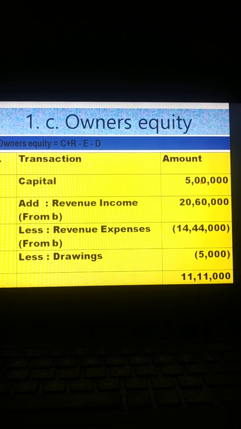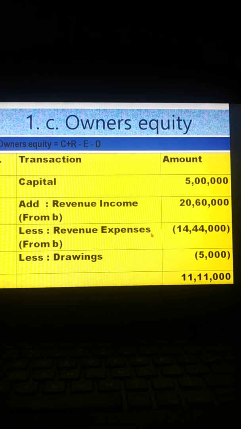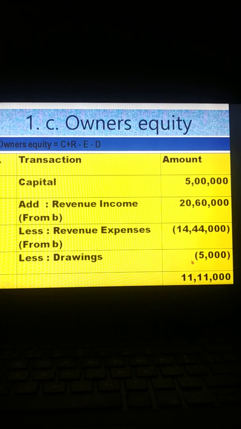It is given in the question. Then revenue income from B we can find, 20 lakh 46,000. Then revenue expense, this also we did in B, 14 lakh 44,000. Then less drawing, it is given in the question directly, 5,000. So 11 lakh 11,000. So this is owner's equity.